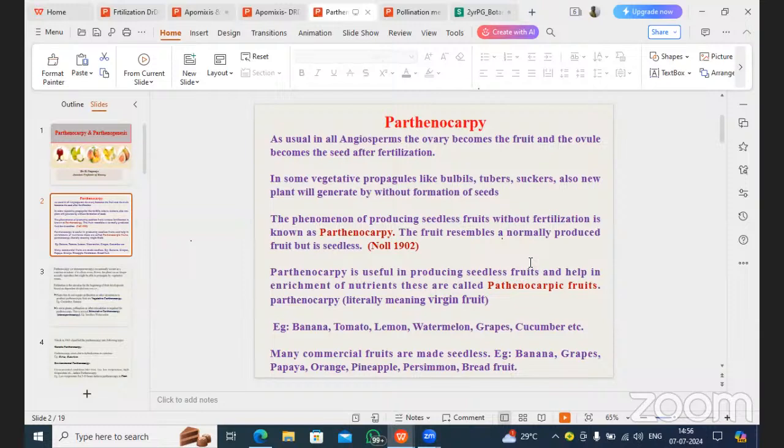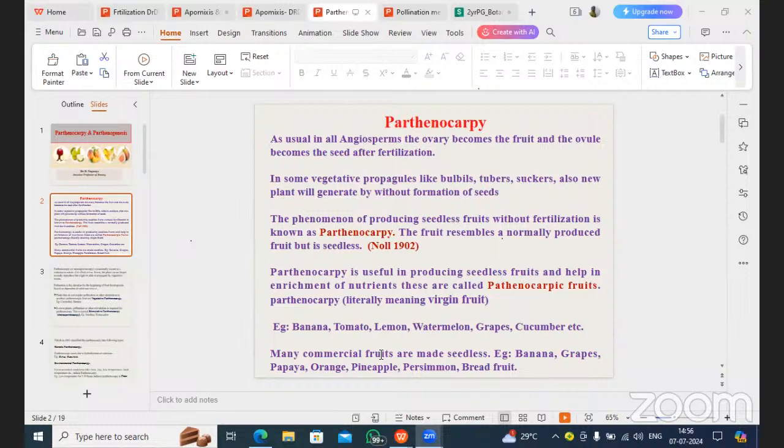It resembles the normal production of the fruit, but seedless. Only one thing differs: it is seedless. Many commercial fruits are made seedless now. Banana, grapes, watermelon, some fruits we prepare using this parthenocarpy technique.